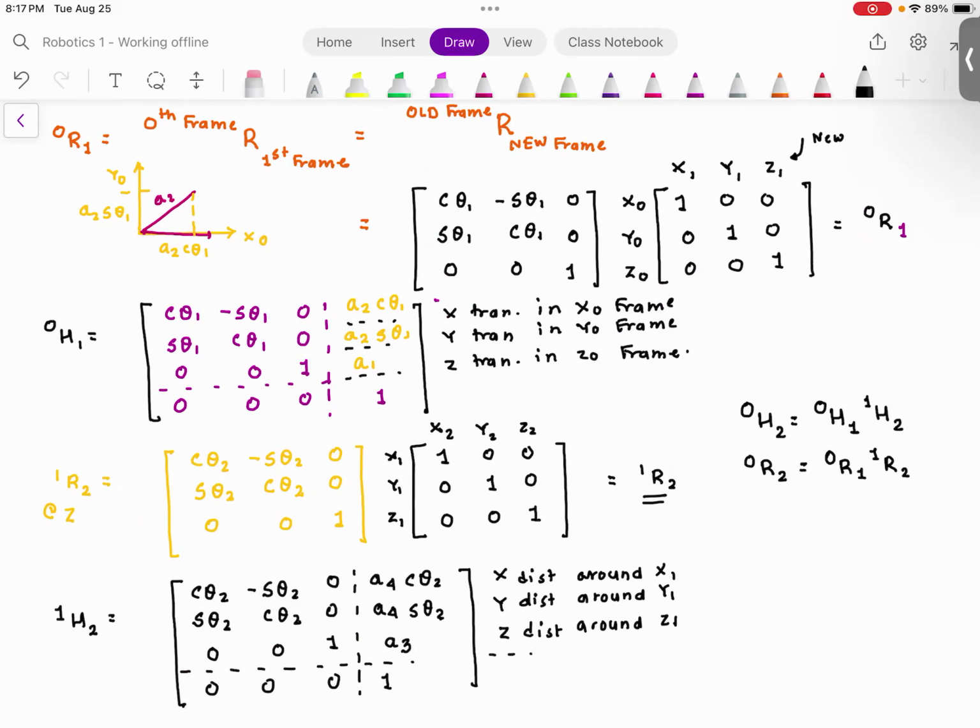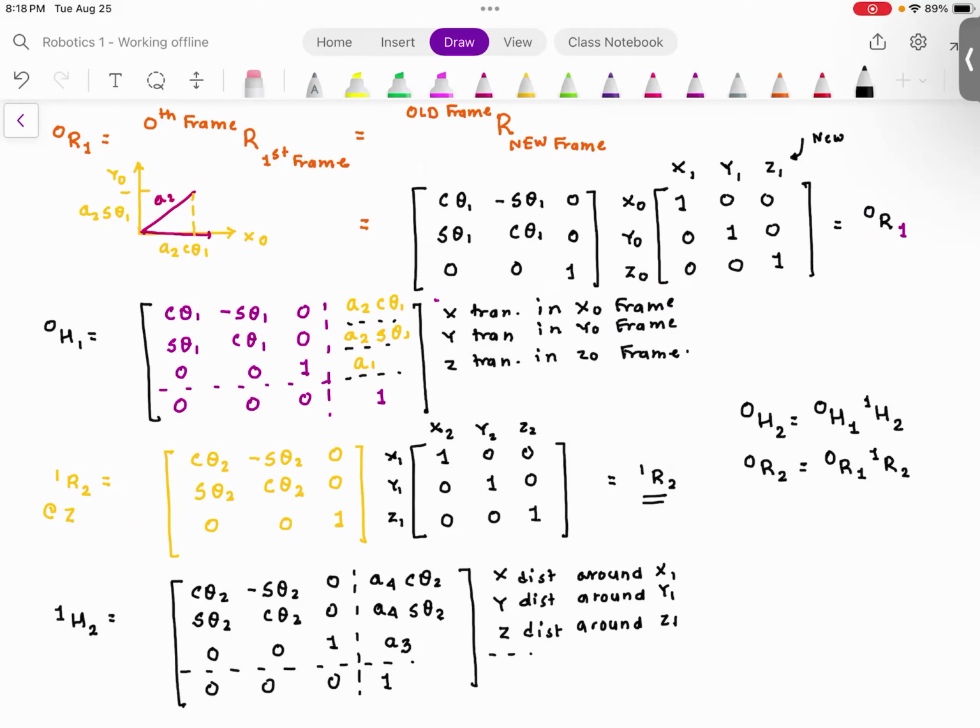First row, first column, first row, second column, first row, third column, first row, fourth column, second row, first column, second row, second column. I'm going to do that. But next class onwards, we will use MATLAB to solve these multiplications. But for the first class, I'm going to do these multiplications. You will follow, you will check my steps and make sure that I'm not making any mistakes.